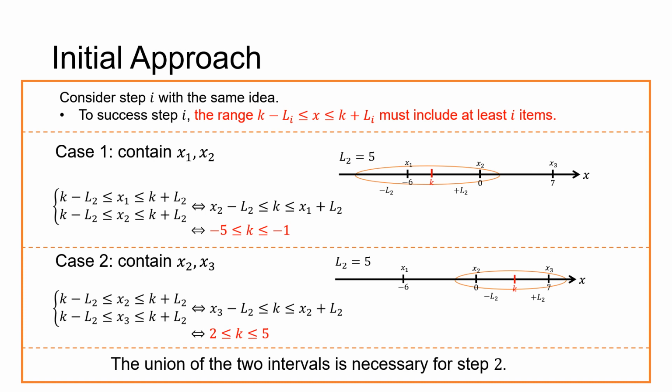So we have a case of containing x1 and x2 and a case of containing x2 and x3. We calculate them in the same way and get two intervals. Then, since satisfying either of them is sufficient to achieve step 2, the union of them is a necessary condition for step 2.